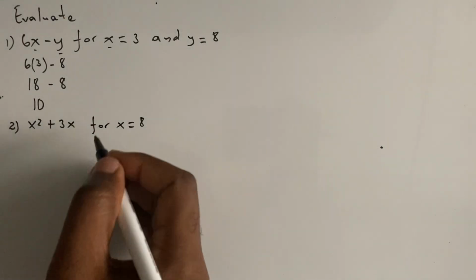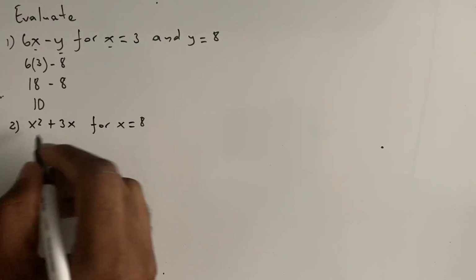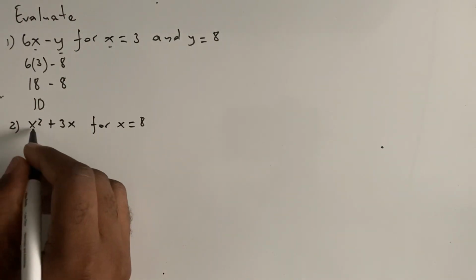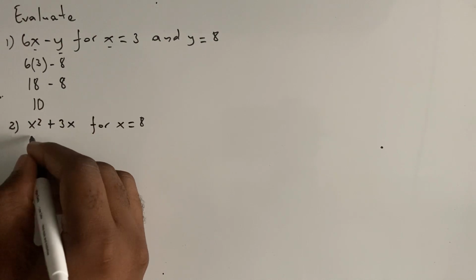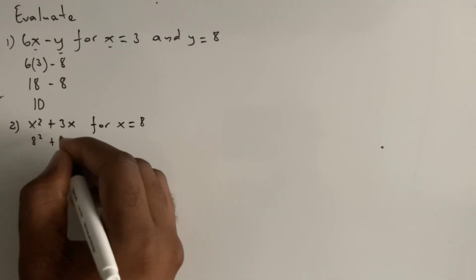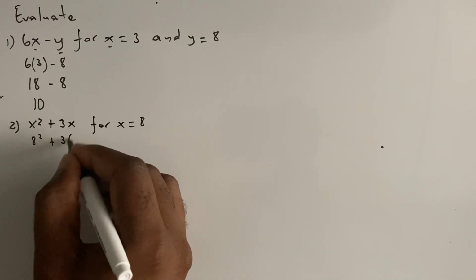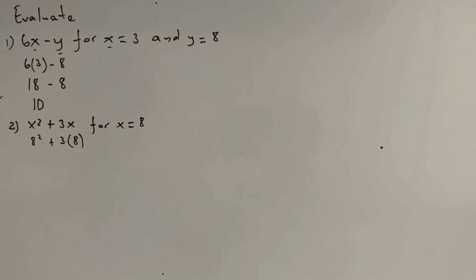Well, you do the same thing. Go back to the expression you have here and replace x by its value. Now, x is 8. So instead of x squared, I'm going to have 8 squared, plus 3 times, instead of 3 times x, I'll have 3 times 8. And you keep going.